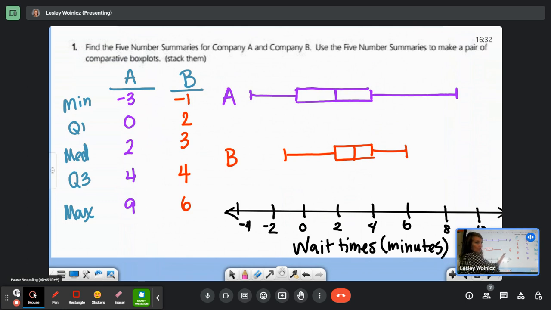It's got a smaller range than company A. So you're more likely to wait, but your wait is going to be small. On average, you're waiting longer, but with company A, you might wait for 9 minutes, and that's not happening with company B. It's more consistent. So anything that we say should be okay at this point for your arguments. That's it.